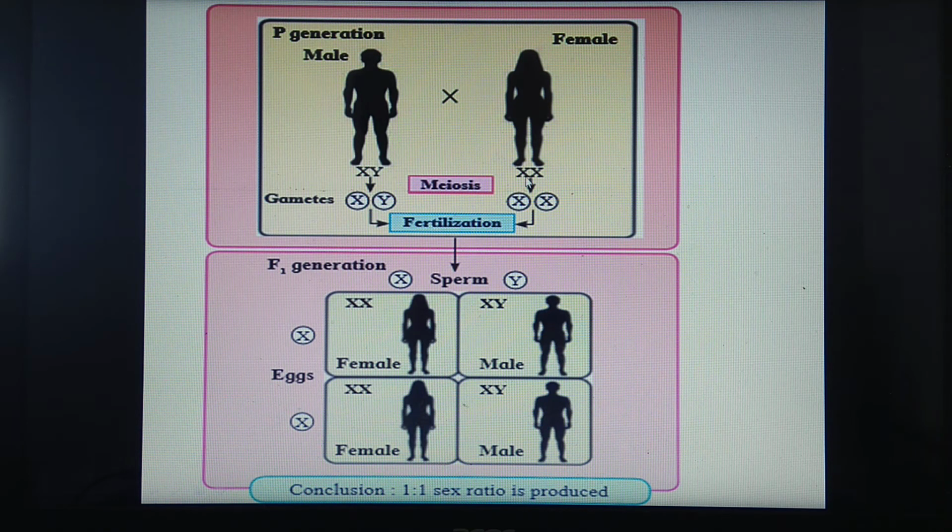This gamete formation involves meiosis, that is reductional division, and because of this reductional division, the X and Y chromosomes get separated. So one of the gametes consists of X chromosome, the other gamete consists of Y chromosome. As the two gametes formed are different, one consists of X chromosome, the other consists of Y chromosome.